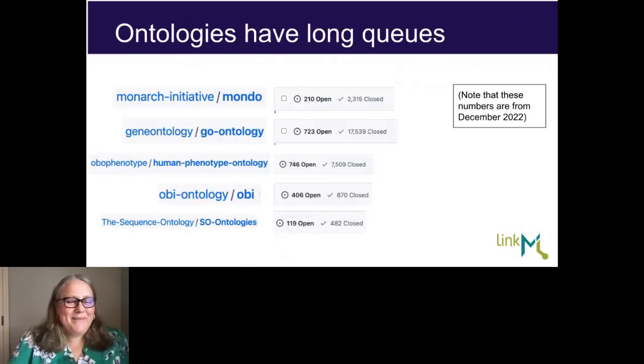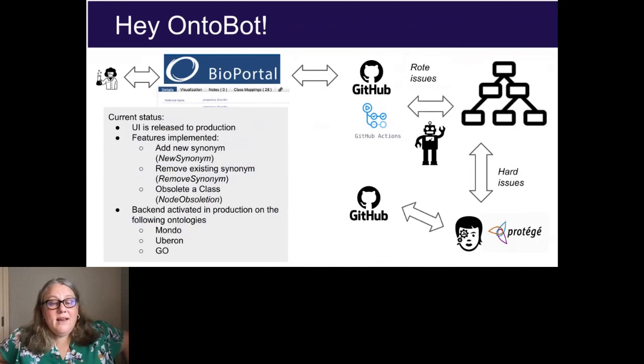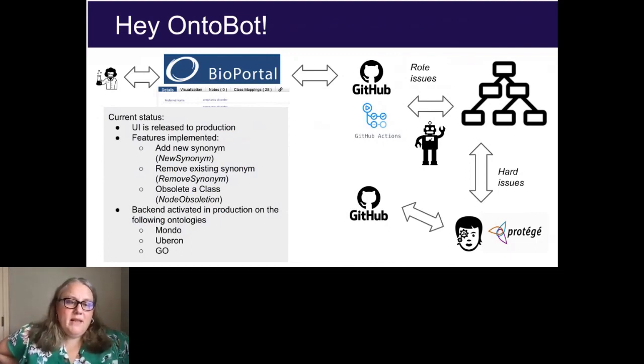And I just wanted to put a small plug in for some of the work we've been doing in our group to sort of streamline the process of ontology term requests, at least trying to take some of the burden from simple changes to the ontology off of human eyes in the first place, and making them more automated.